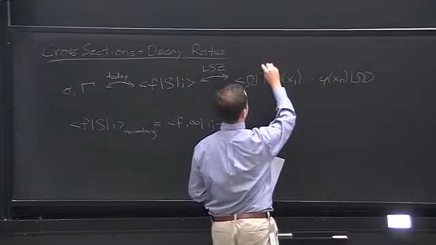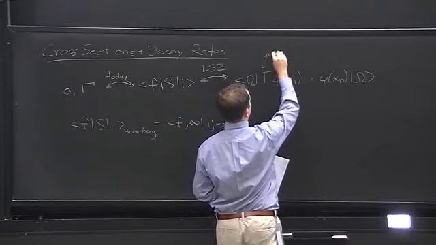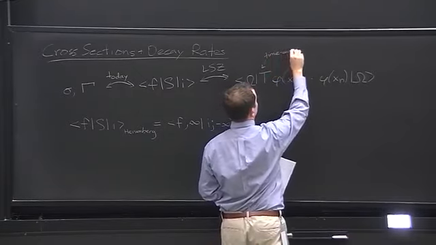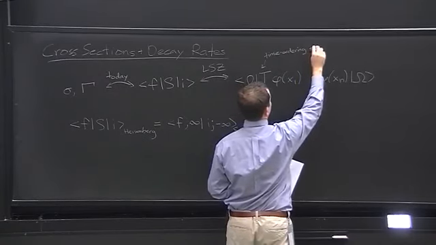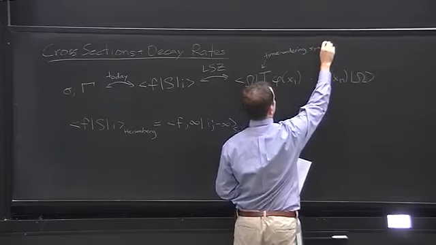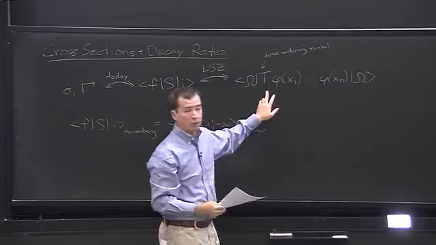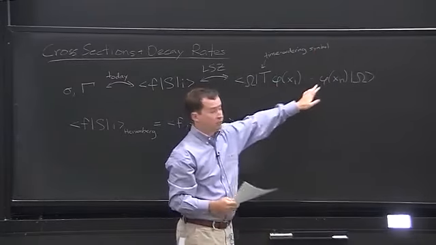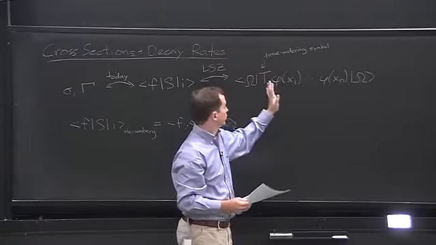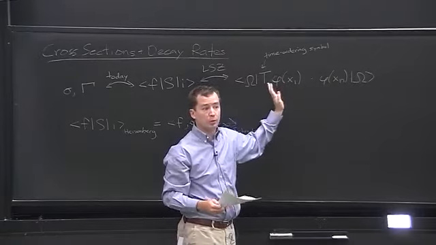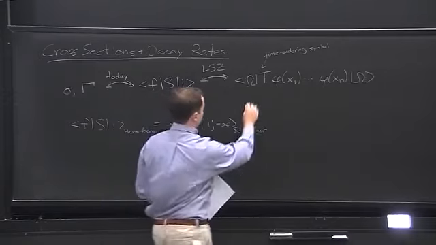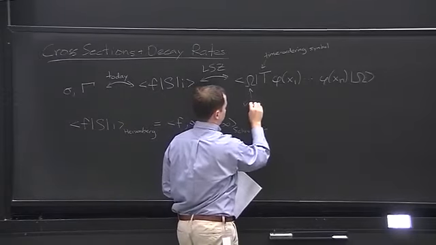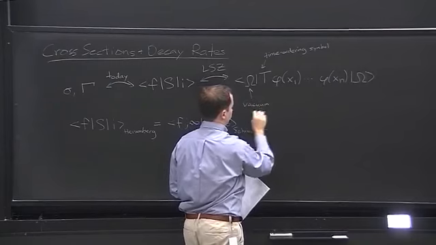So here this is the time ordering symbol. And it just means put the operators that appear to its right in time order with the latest one to the left. We'll come back to that. And here, omega is the vacuum of the interacting theory.